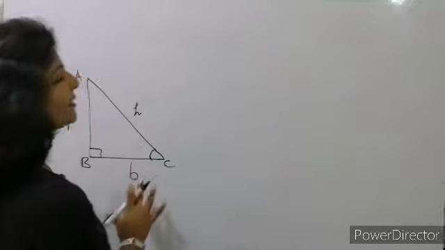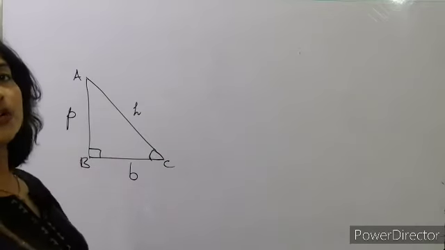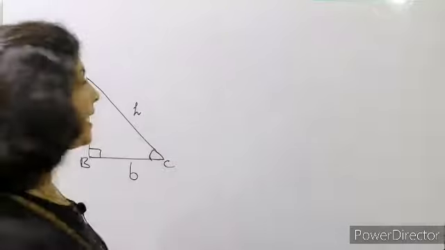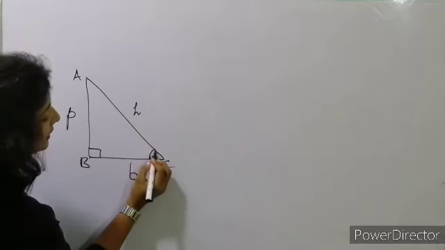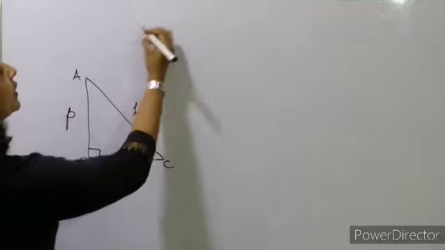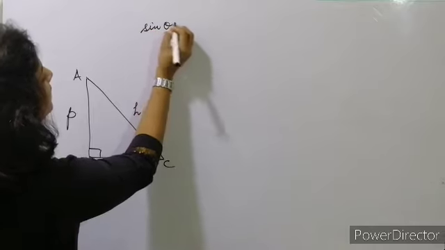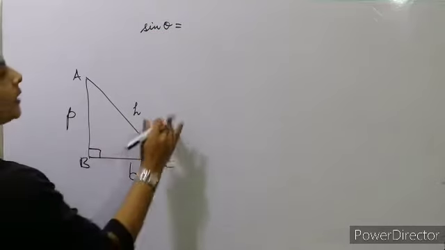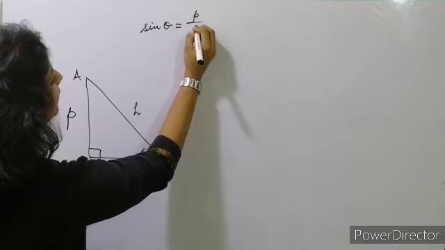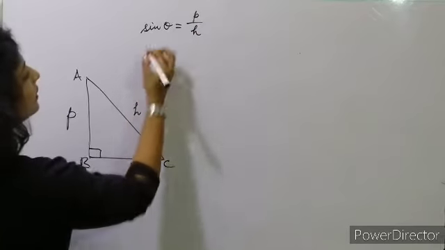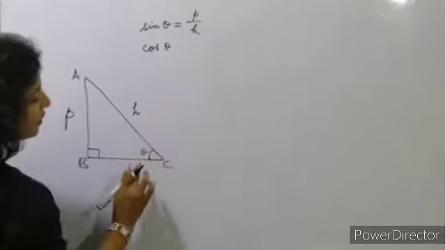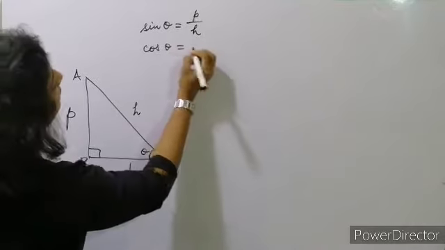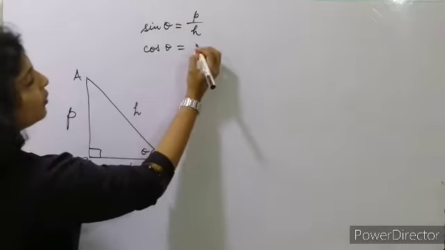So based on this triangle, now we'll see the values of cos, sin and tan theta. Let this angle be theta. Then the value of sin theta is perpendicular upon hypotenuse, so it will be P by H. Now cos of this angle theta will be B by H, base upon hypotenuse.